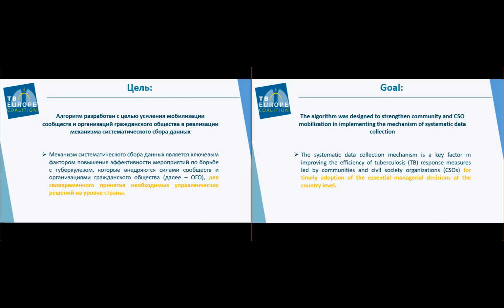And different speakers today were talking and mentioning the importance of the implementation of the mechanism for systemic data collection, which is a key factor to increase the efficiency of TB control activities for the timely decision-making on the country level. And these decisions, national decisions, will create for us the entry point, the starting point to discuss this or that indicator.